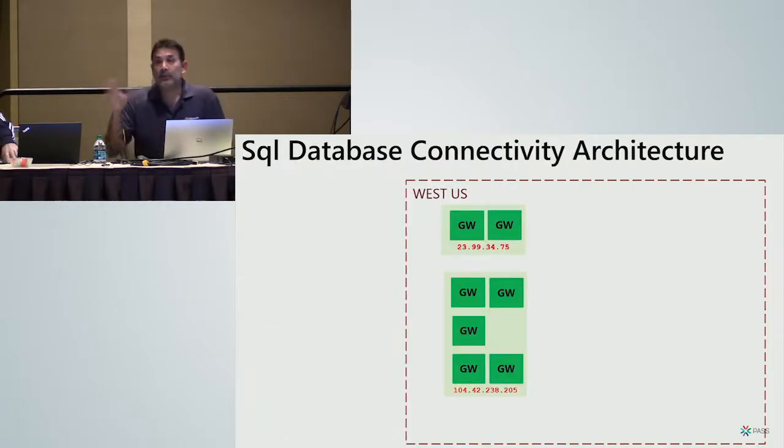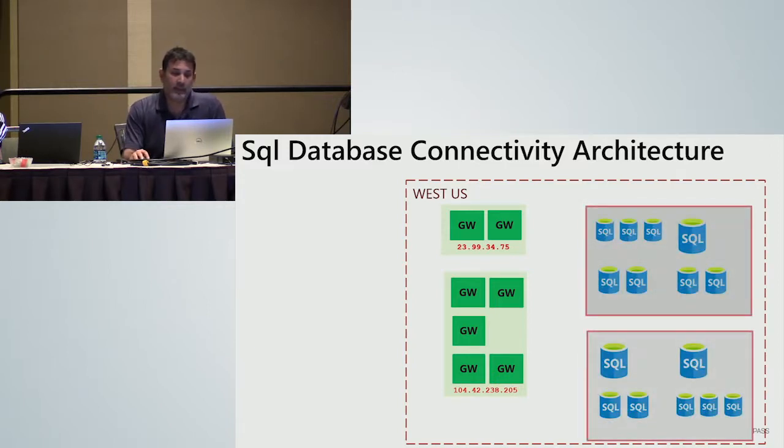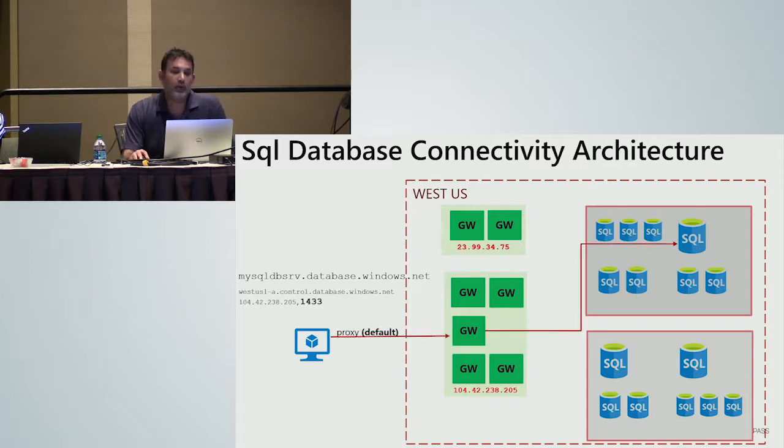The second piece after load and log generation, we'll look at connectivity and some of the network latency aspects of it, right? So from a connectivity architecture, we have a set of SQL DBs. When a client issues a connection with server.database.windows.net, it goes over 1433. It first goes primarily to the gateway, right?